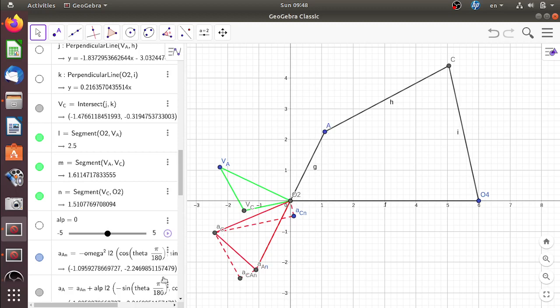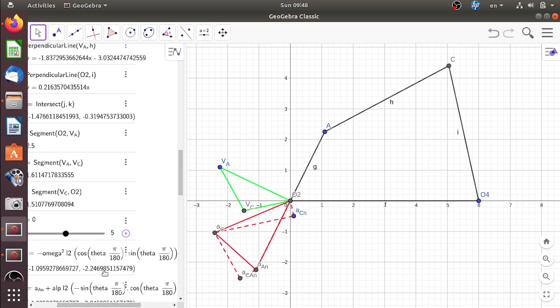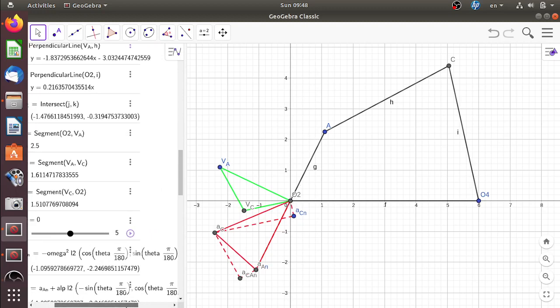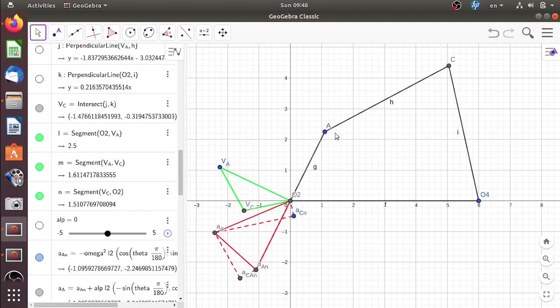Therefore I have written cos theta pi by 180 and sin theta pi by 180, which is the direction from O2 to A, but I have put a negative sign to make the direction opposite. As a result I have got this particular point. That point represents the normal component, but there is no tangential component.